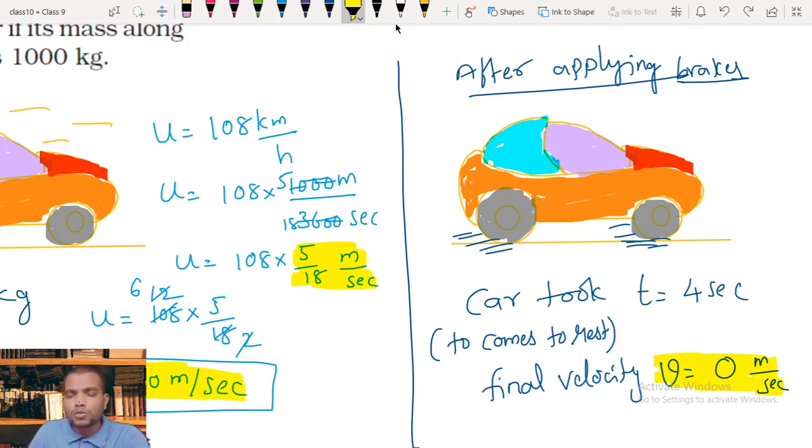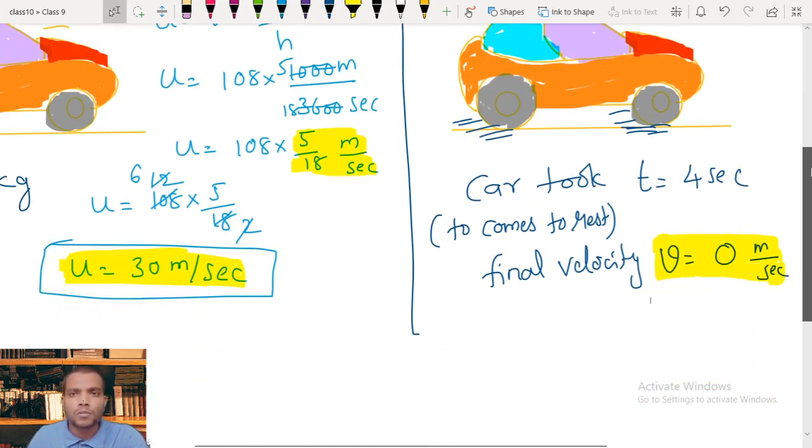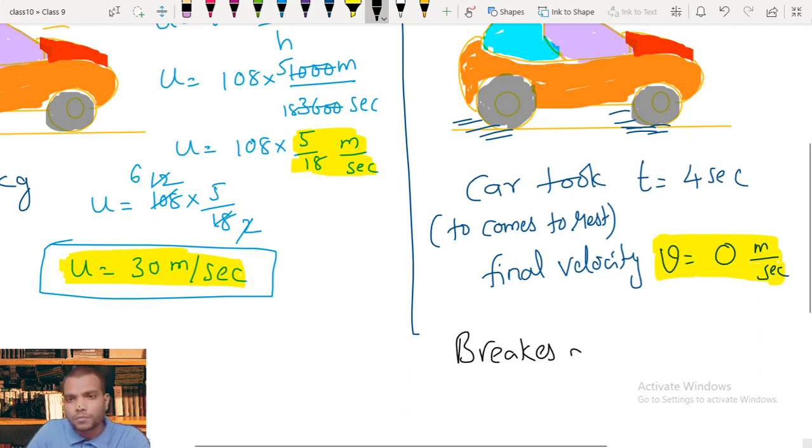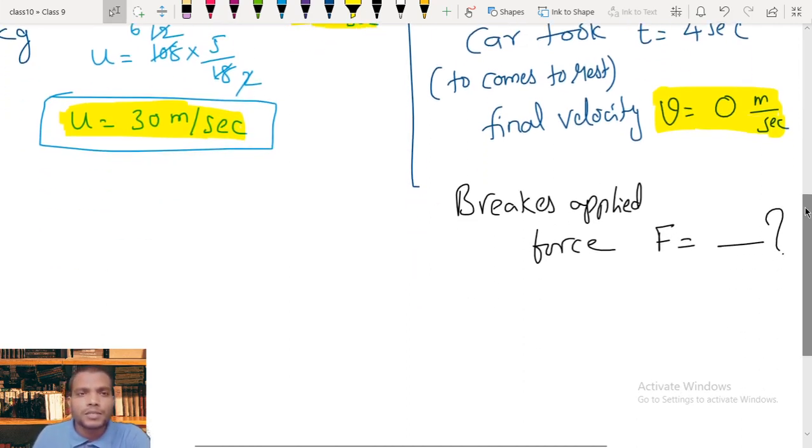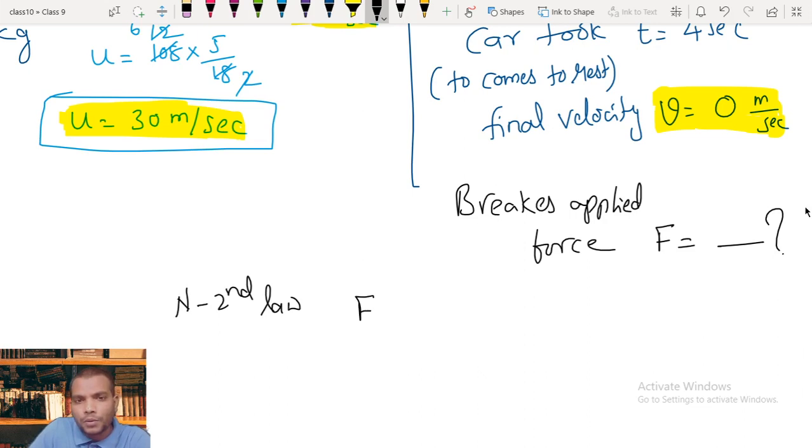Now to stop the car, somebody has to apply force. Who applied force? Brakes applied force. So that force equal to how much, that we need to calculate. From Newton's second law, F equal to ma.